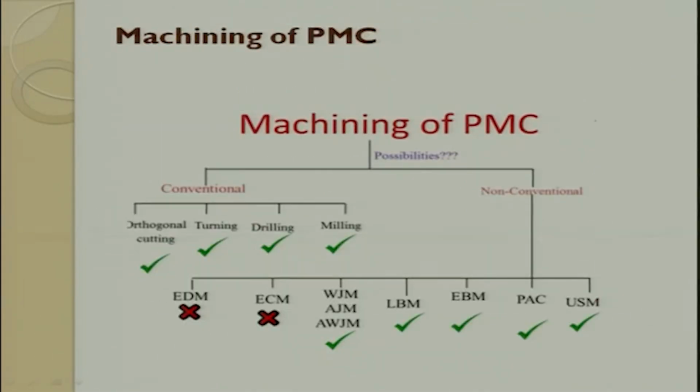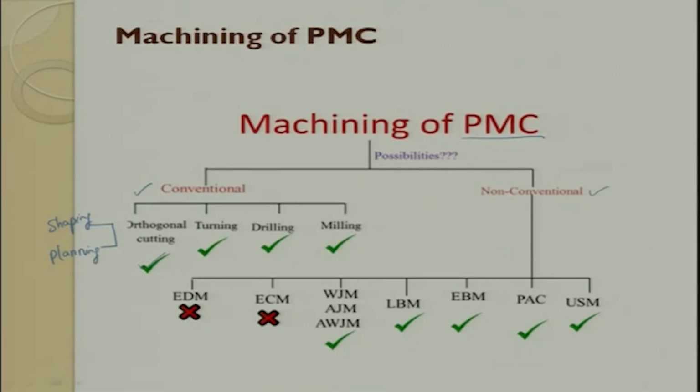When you talk about machining of polymeric matrix composites, as I told you earlier, there are conventional and non-conventional processes. So, what are all the processes available with us for machining? One is orthogonal cutting, which is basically for shaping and planing.